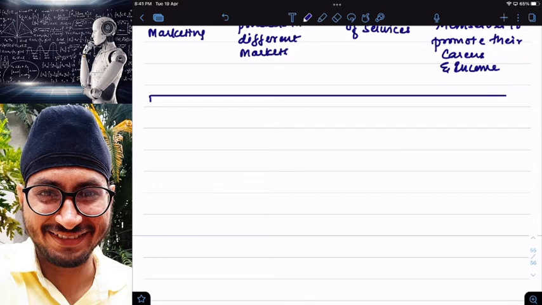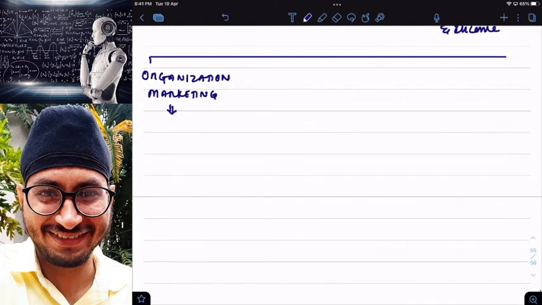Then we have organization marketing. Organization marketing means I'm not marketing an individual; I'm marketing the complete company itself. That is called organization marketing.